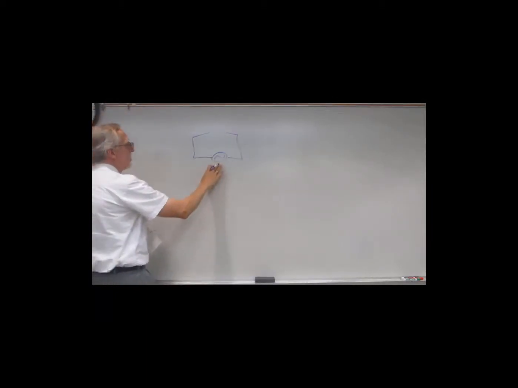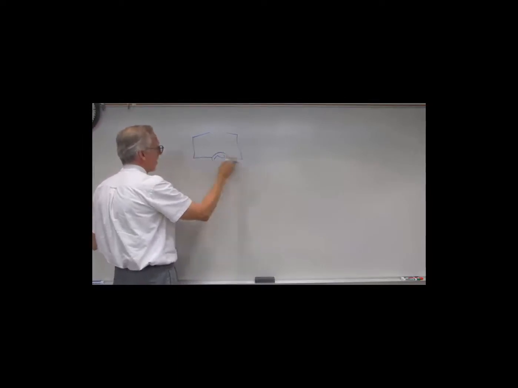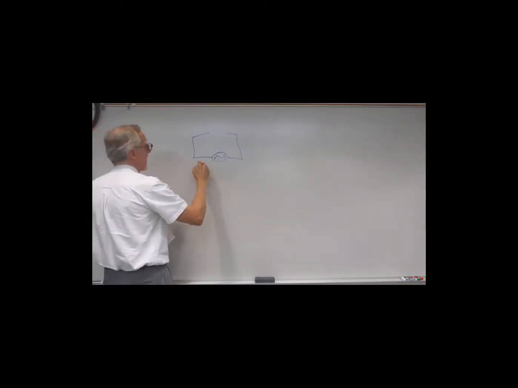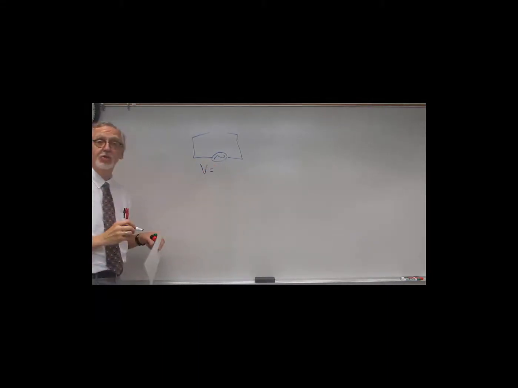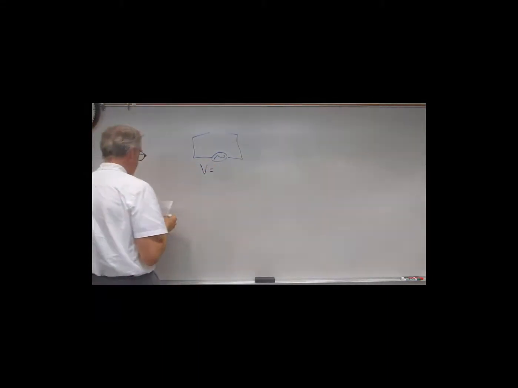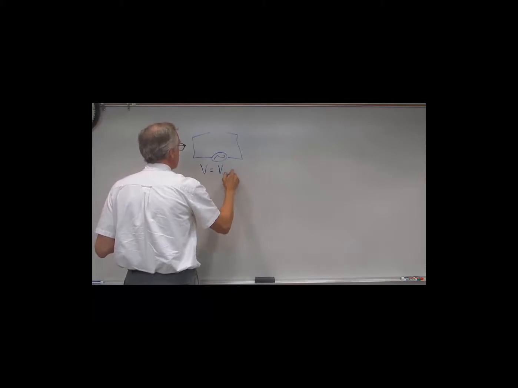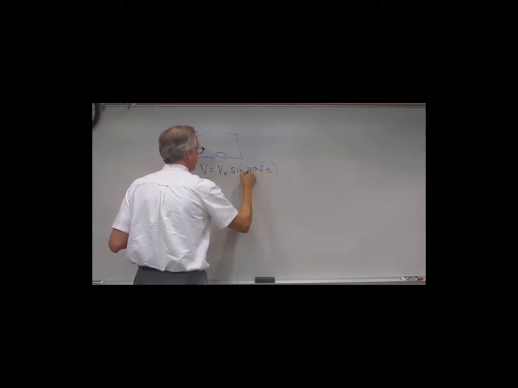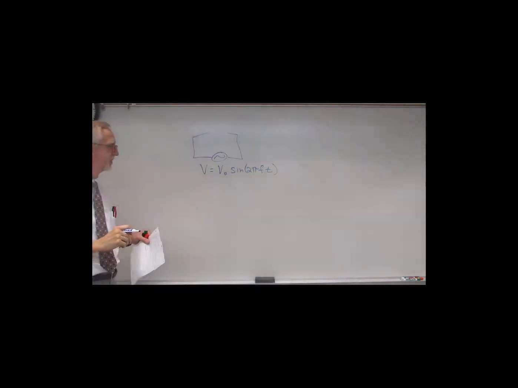So remember, I said that for an AC voltage source, we have a voltage that's oscillating back and forth. And we will assume that our voltage source actually oscillates sinusoidally. So we'll write this as V is equal to V naught sine 2 pi f times t. And those are all the argument of the sine function.